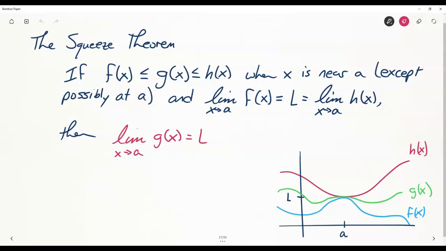So I've got it drawn here in my picture where f is the smallest function, g of x is the middle function, and h of x is the largest function. Here is the value a that we're approaching.